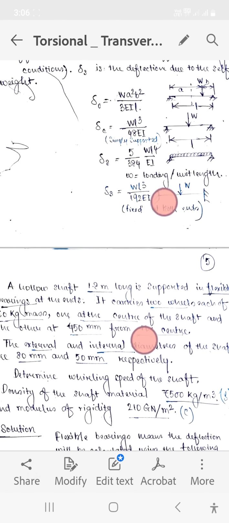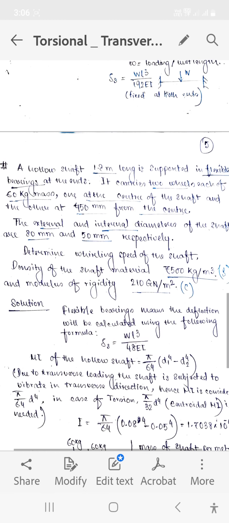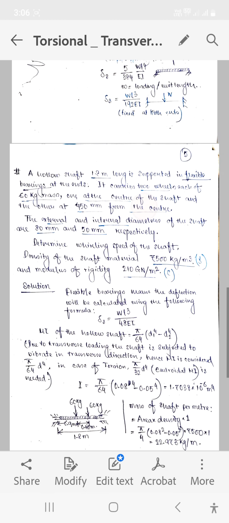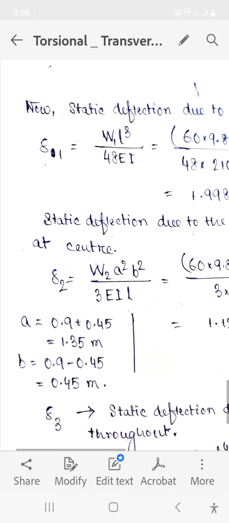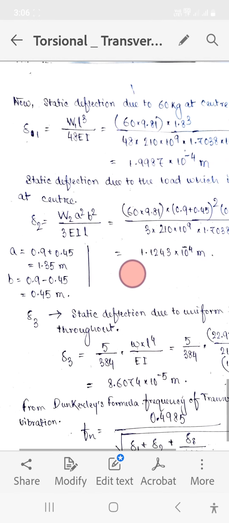So in this case, if it would have been a fixed bearing, then this formula would have changed. So you need to find out what type of bearings these are. You need to understand what types of loadings are there. If it's a central loading, you have to use this formula. If there is an offset loading, you have to use this formula. And for a uniformly distributed load, or if the mass or the density is given, you need to understand that a uniformly distributed load is there.